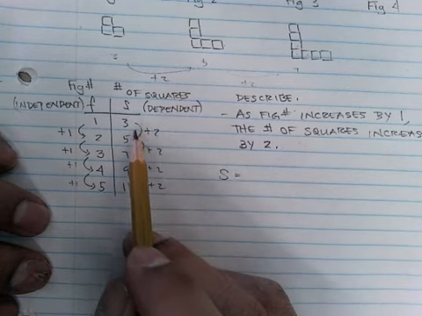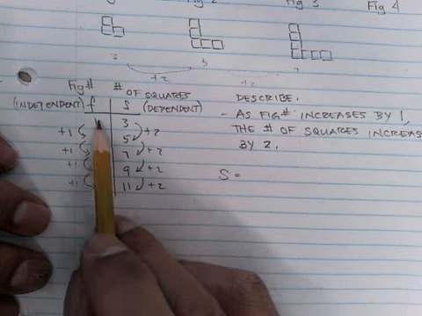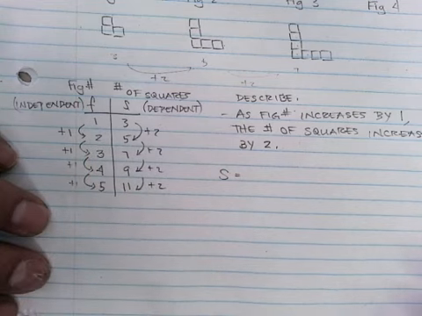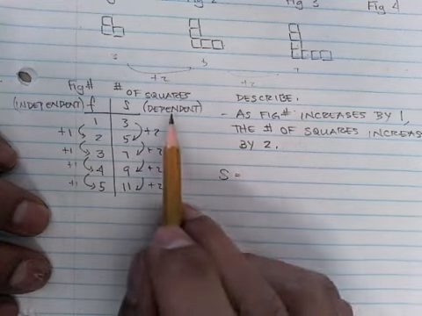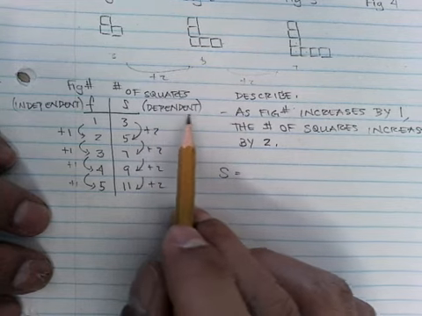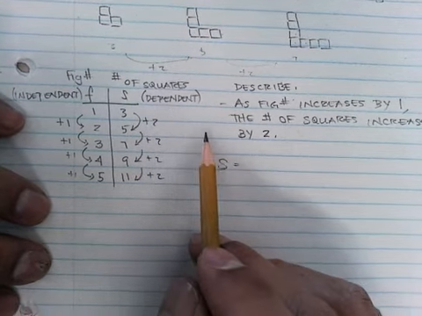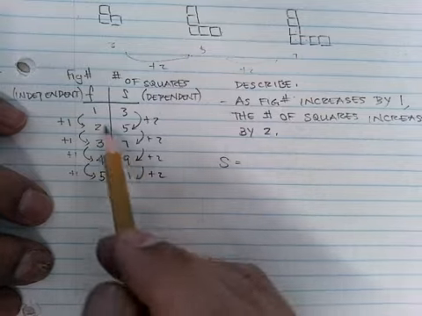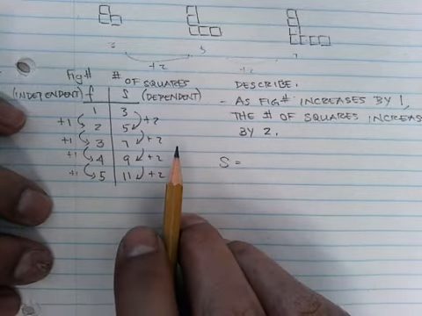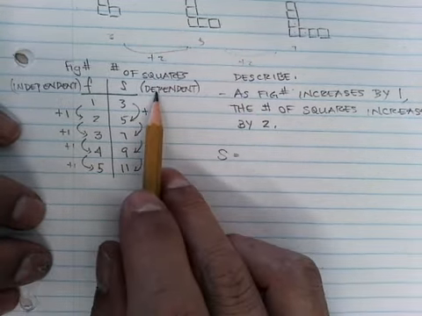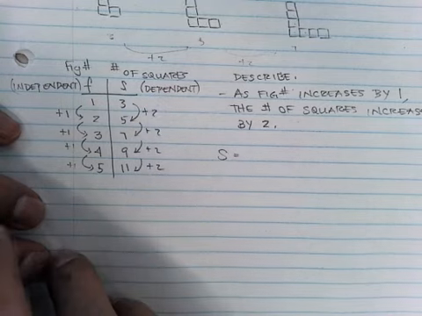The number of squares depends on which figure number you're talking about. That's why it's the easiest way to call it the dependent variable. How many squares you have depends on which figure number you're talking about. So that being the dependent variable, that's what the equation is about.